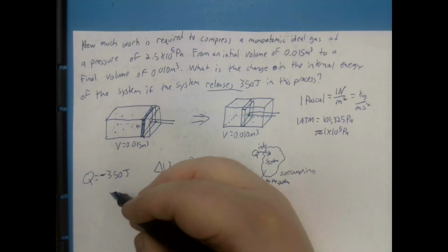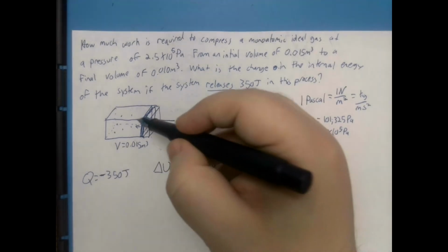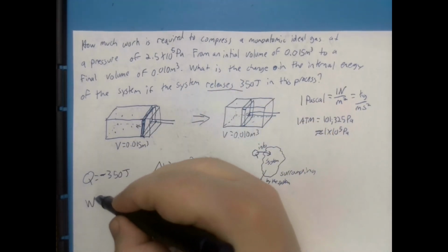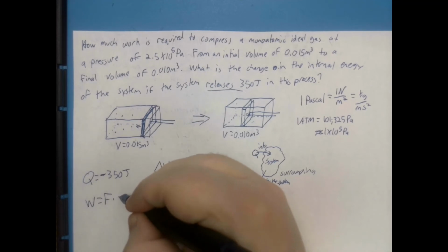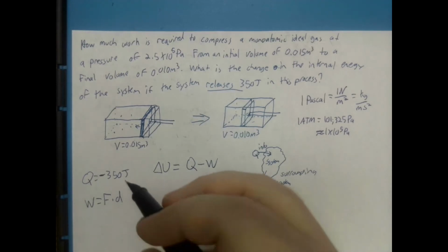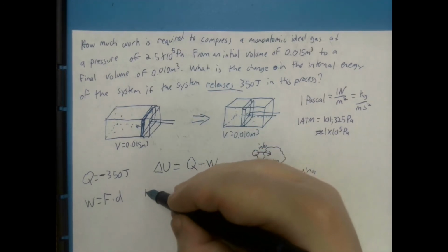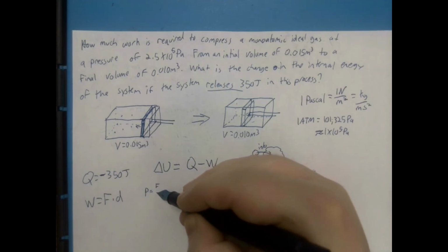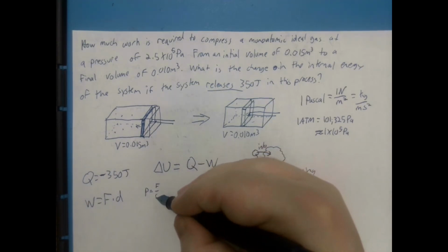But this is an example of, if we look at work is equal to force times distance. And if you remember, pressure is simply force divided by area.